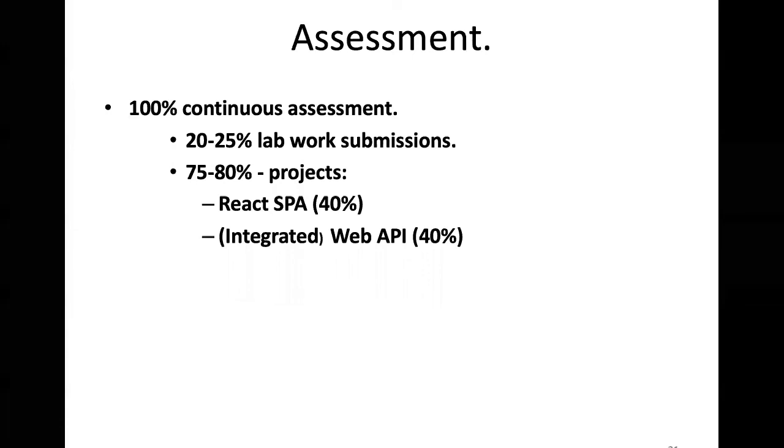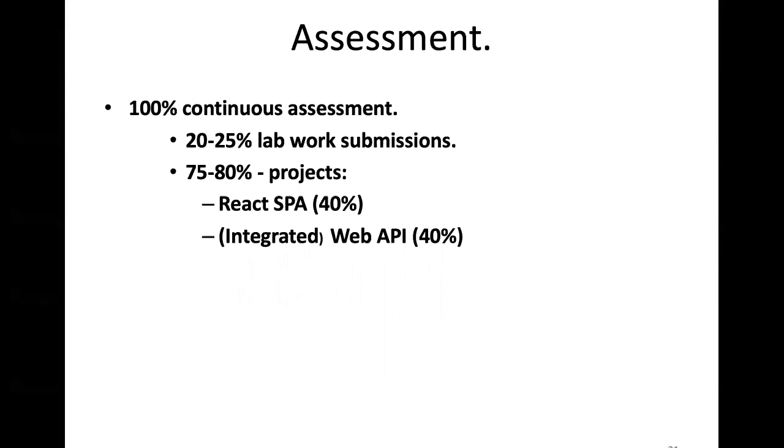Only in exceptional cases can somebody develop something other than the movies fan app, and you would have to justify it with us, but we are open to people going a different route if they wish, and you would definitely have to tell us beforehand that you would like to do something else.